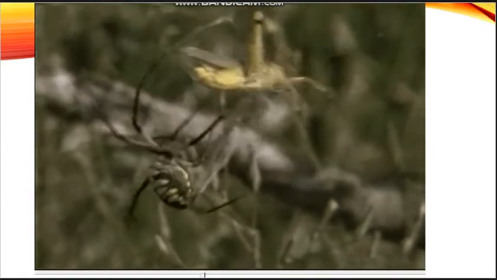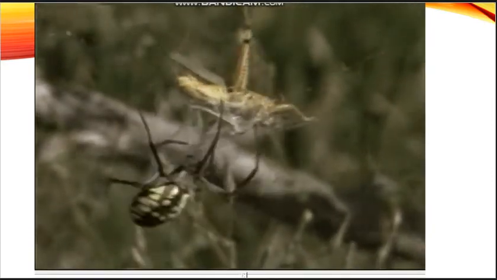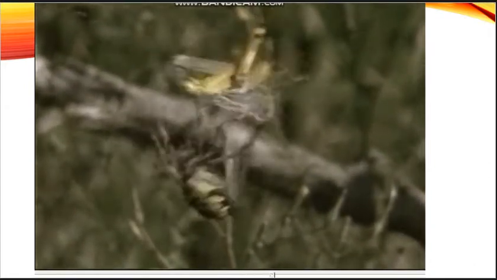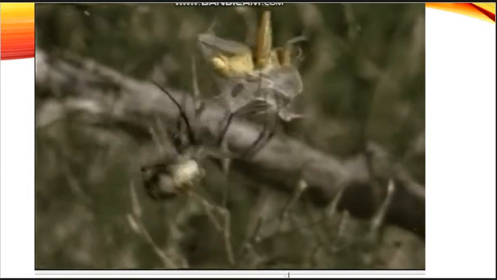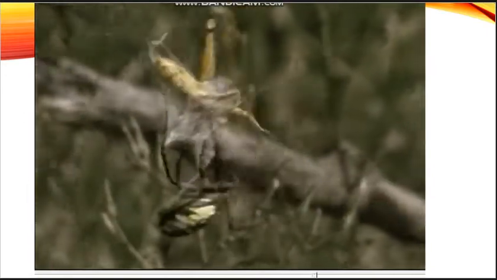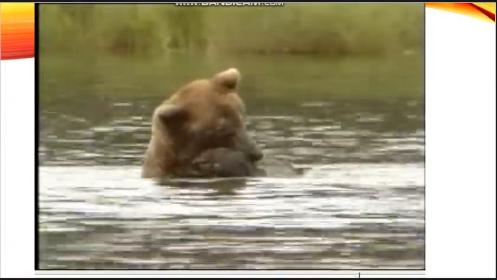This spider is an example of a carnivore. When an insect gets trapped in its web, it pounces on the insect and bites it, usually injecting a venom that kills the insect. If the spider's hungry, it might eat the insect right away, or, as this spider's doing, it might just wrap it up in more spider silk and save it for later. If a consumer eats both producers and other consumers, it is an omnivore. This grizzly bear, for example, is an omnivore.